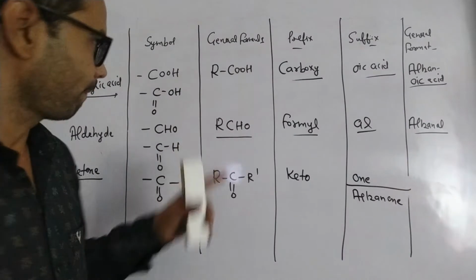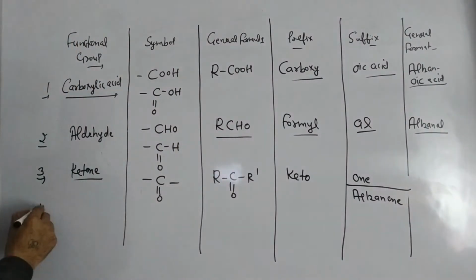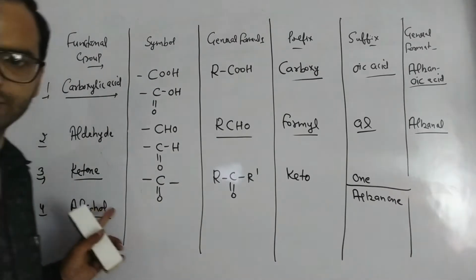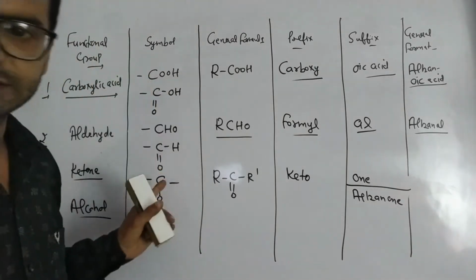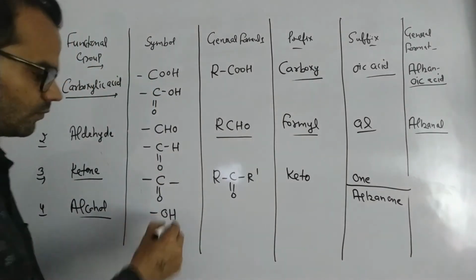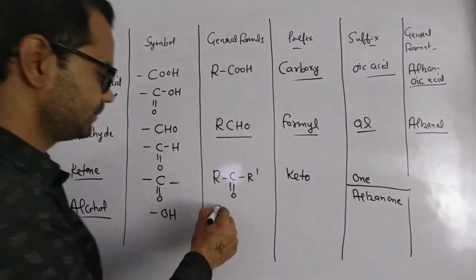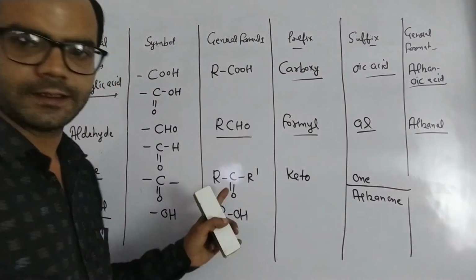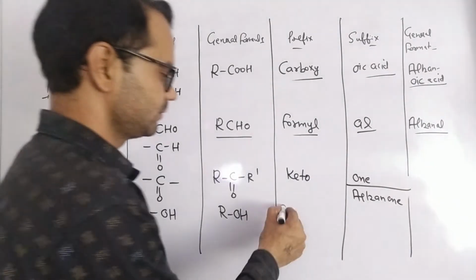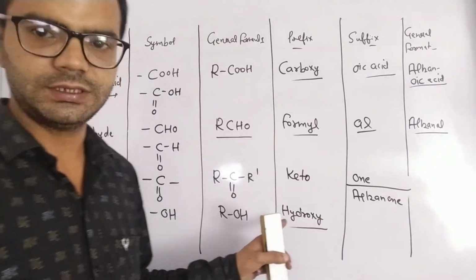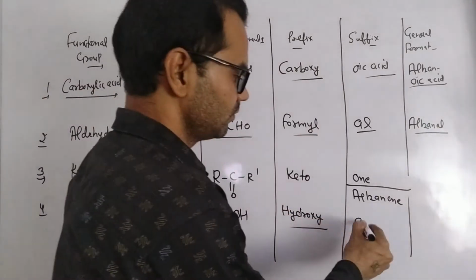Fourth is alcohol. Symbol is OH, hydroxyl group. General formula ROH. Prefix hydroxy. Suffix is ol.